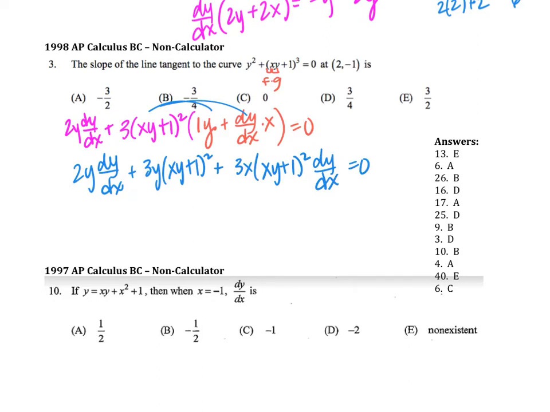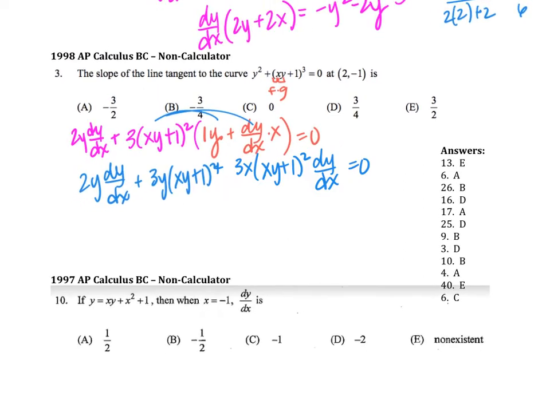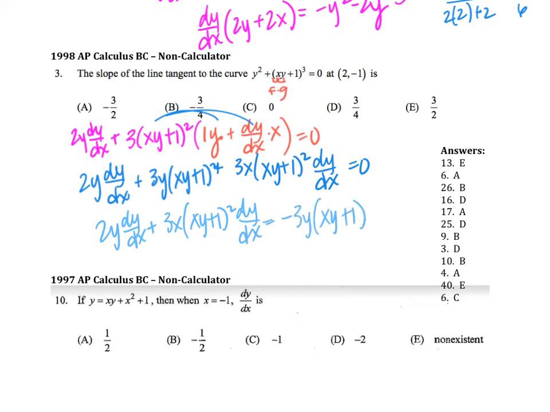Now I'm going to move this term over, so I'm going to have 2y dy/dx and 3x(xy + 1)^2 dy/dx equals negative 3y(xy + 1)^2.